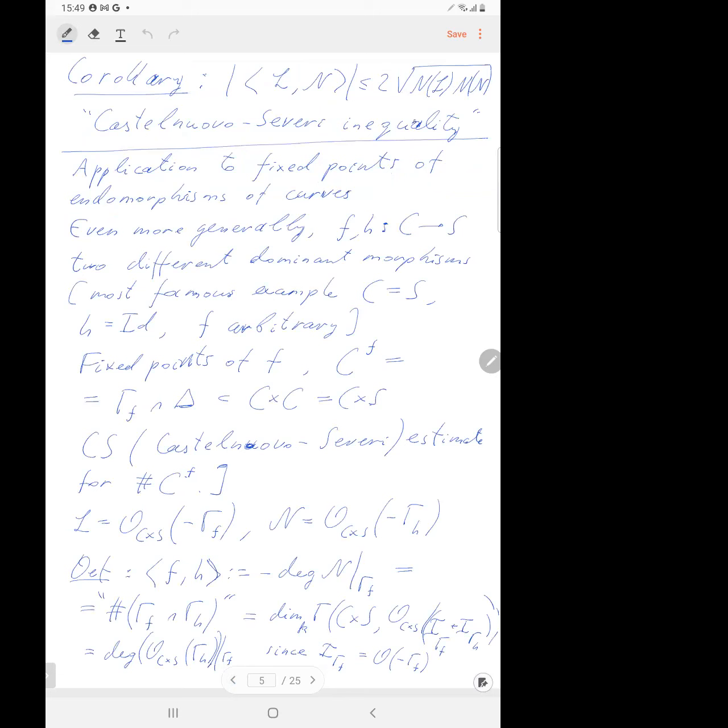You see, we already had this Castelnuovo-Severi inequality in abstract setting. We only have to match the notions for line bundles to the notions for morphisms. Namely, I claim that the left-hand side in this corollary is literally the left-hand side in the theorem, and the same for the right-hand side.